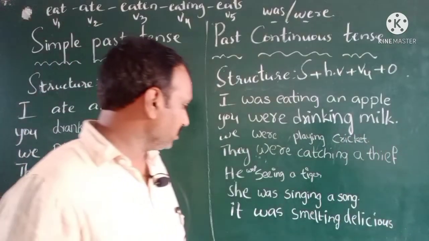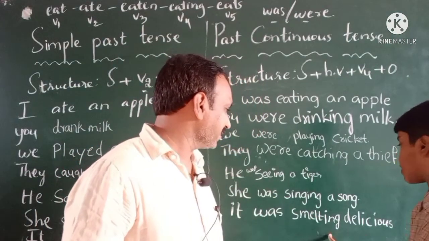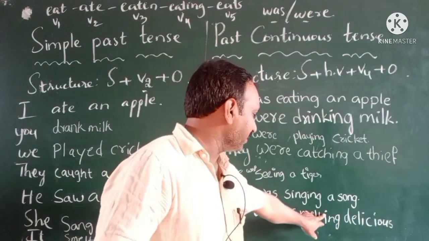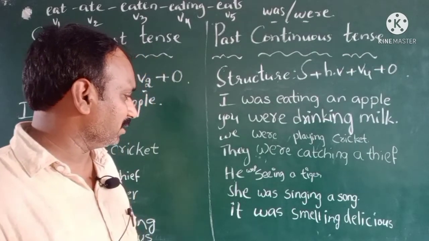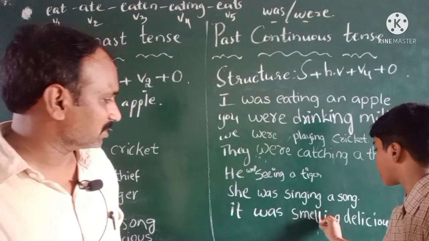So what did you write here? It was smelting delicious. Smelling or smelting? So here verb 4 you have to write. What is that? Write L properly. Smelling. Smelling delicious. Very good.